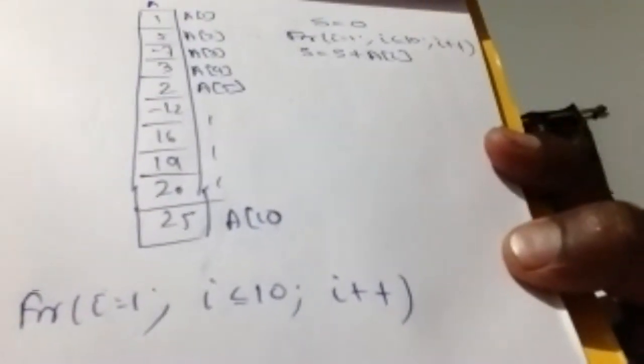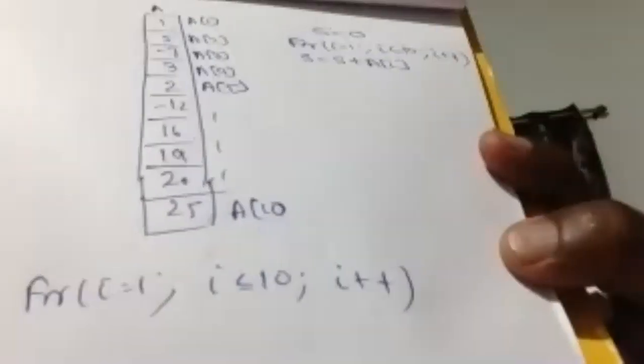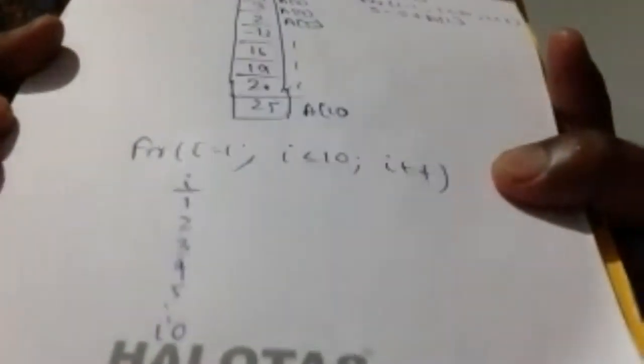If I put a for loop, I equal to 1, I less than or equal to 10, I plus plus, the I value increases by 1 each time: 1, 2, 3, 4, 5 up to 10. It's clear?